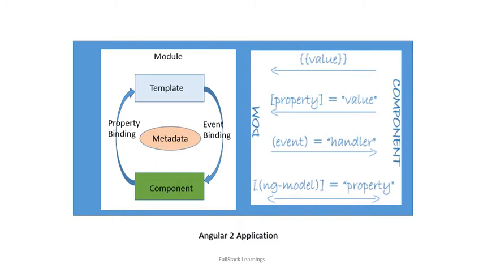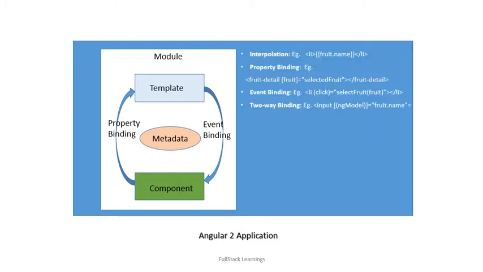Third, event binding. It fires when you click on the component's method name. And the last one, two-way binding. Two-way binding is an important fourth form that combines property and event binding in a single notation by using the ngModel directive. Here are examples of data binding and how it is going to be used in a template.